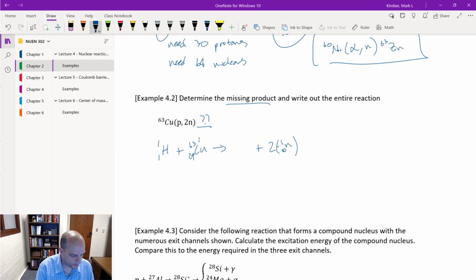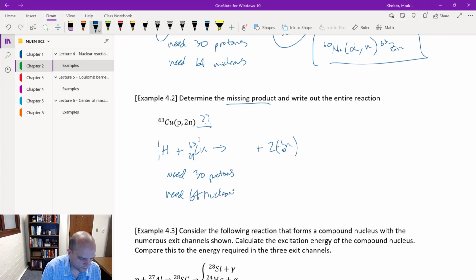So I've got 29, 30, I've got 30 protons. And then I need 64 nucleons. So 30 protons. Since my neutrons don't have any protons, this also becomes zinc, as the one above did.